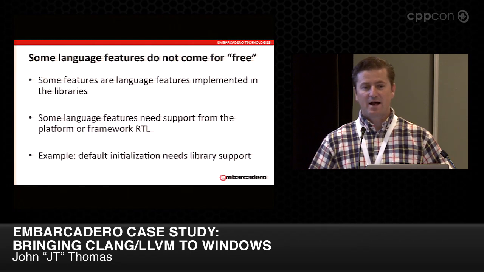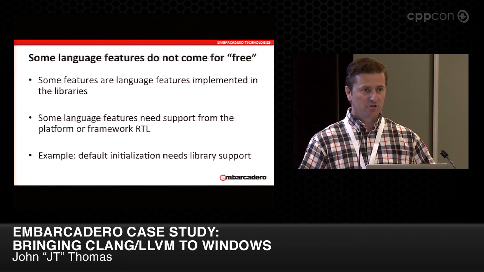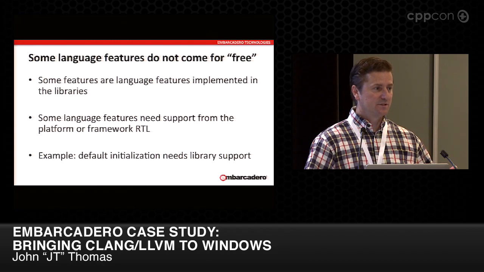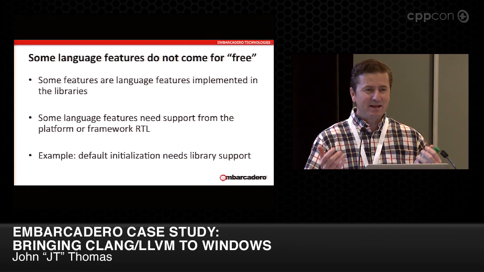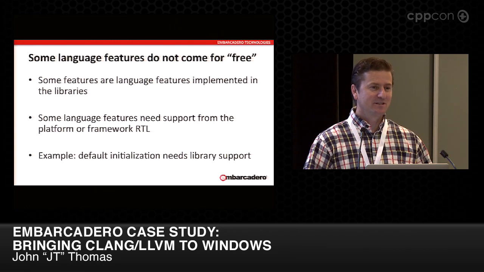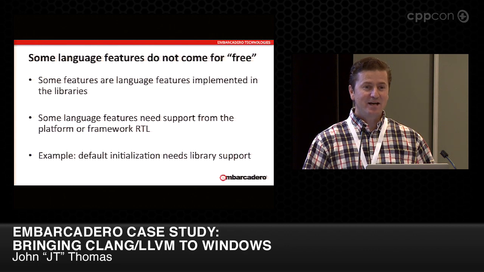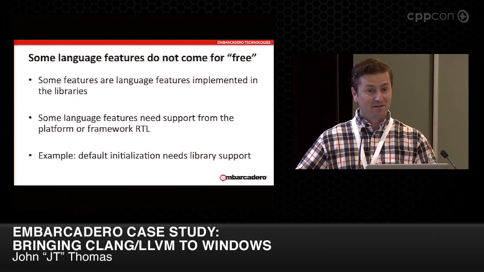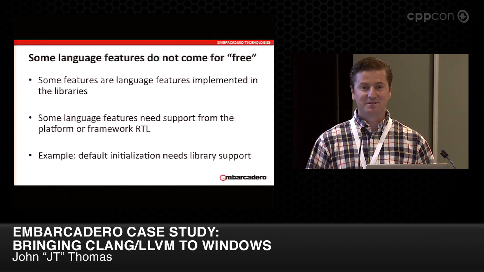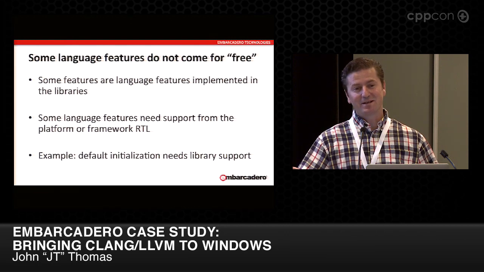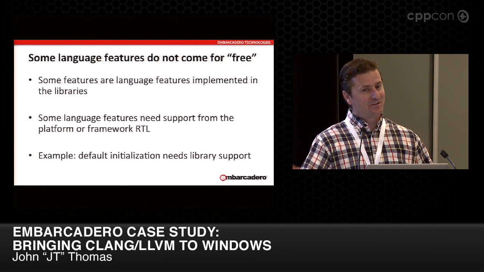We supported iOS pretty quickly in terms of getting to ARM. And I was writing some C++11 code, and I was just using the most basic C++11 feature, default initialization. Turns out that's not in the compiler at all. All of it's in the library, setting up constructors for all the different types. So if you're not using the correct STL, that feature is not going to work.